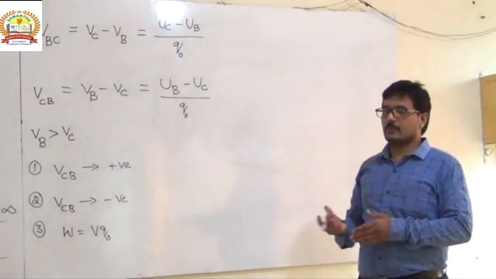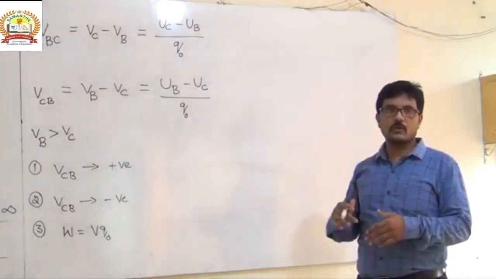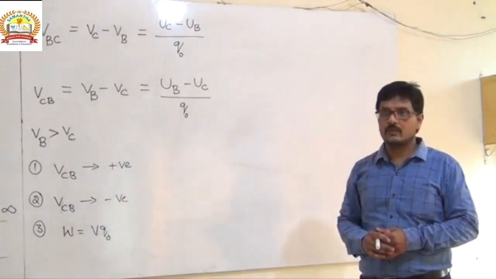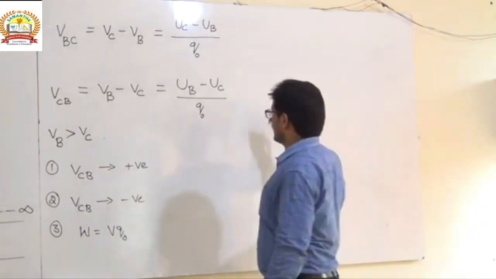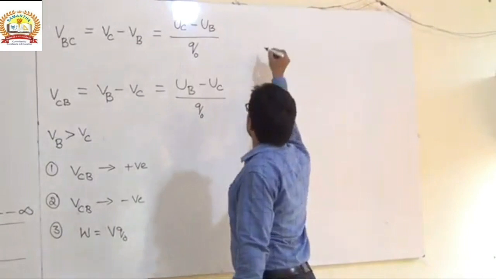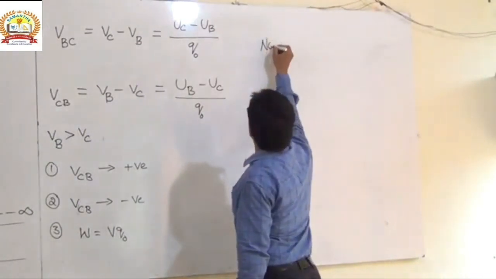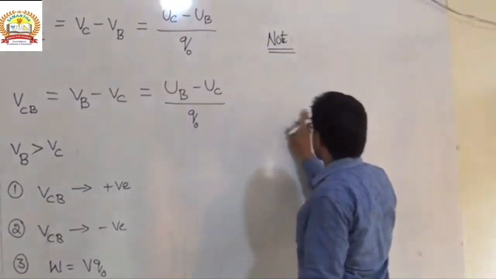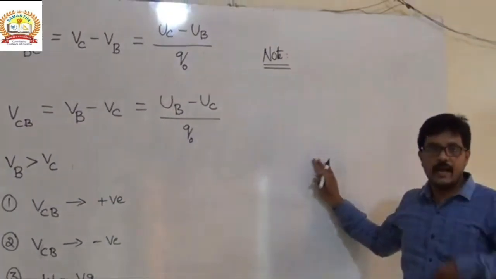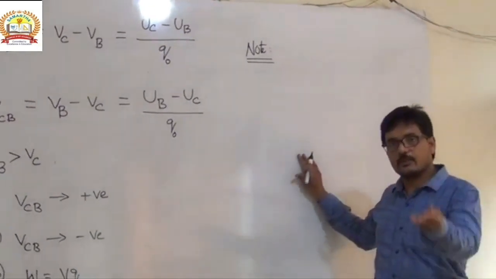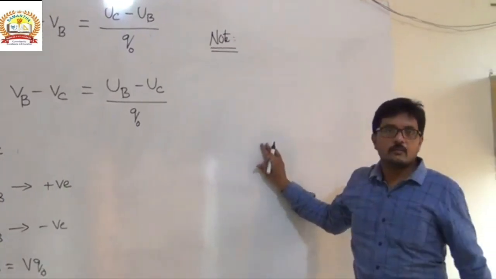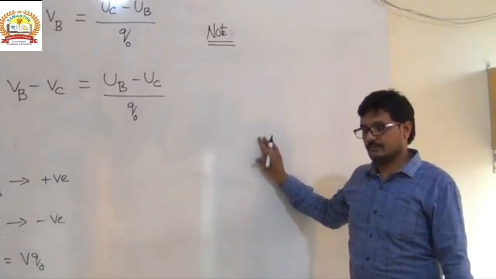If you add some amount of charge or remove some amount of charge, there is no change in the potential of the Earth.